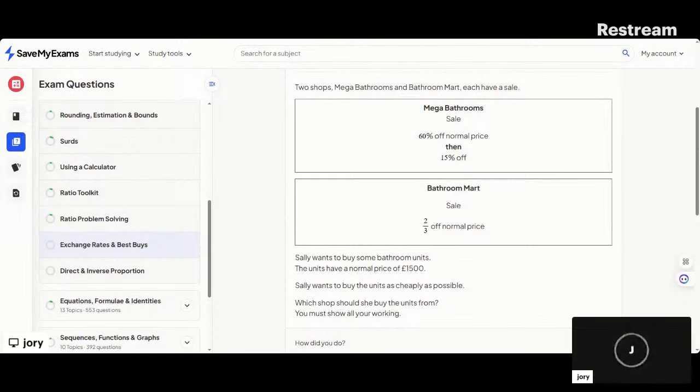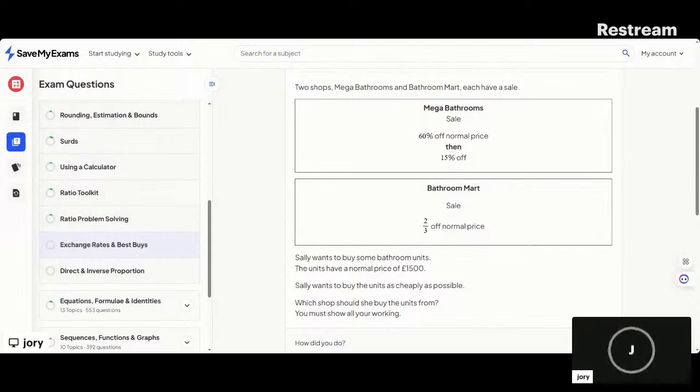So it has 1,000 euros off, so you only pay 500 euros. 1,500 minus 1,000 equals 500. You only pay 500 euros.